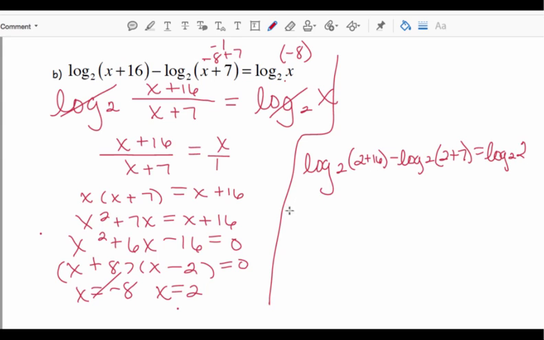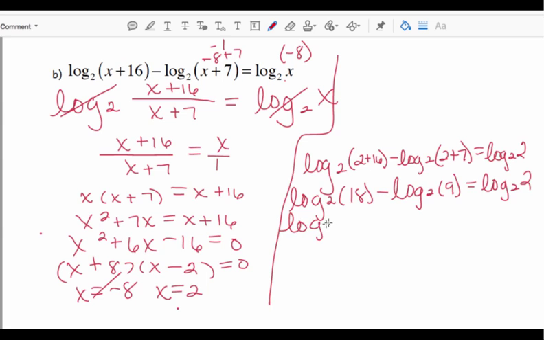And then I get log base 2 of 18 minus log base 2 of 9 is equal to log base 2 of 2. And then I have log base 2 of 18 over 9 equal to log base 2 of 2.